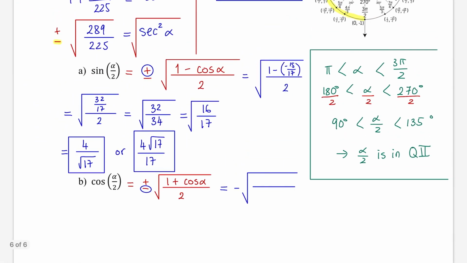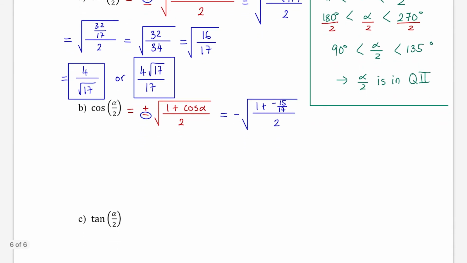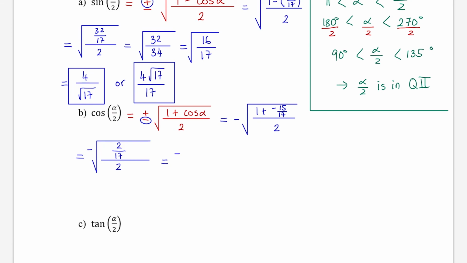I am substituting cosine alpha with negative 15 over 17. 1 plus negative 15 over 17 is 2 over 17. So I will have negative square root of 2 over 17 over 2. Simplifying this, I'll have negative square root of 1 over 17.